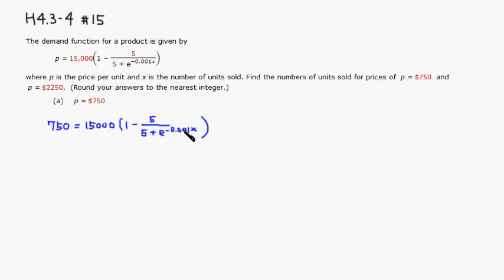We need to isolate x right here. The first step is to divide both sides by 15,000.